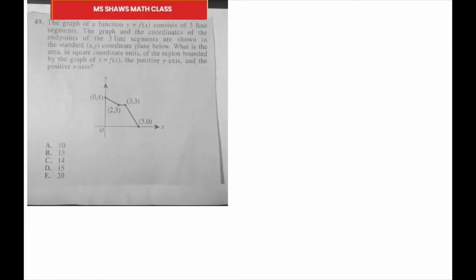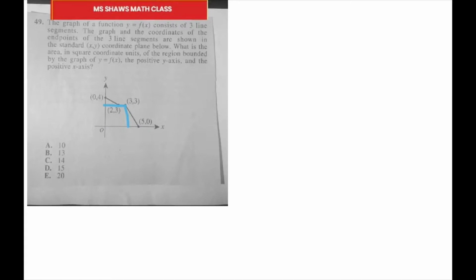Okay. Now this one, let's see what we're trying to find, the area of this region. So what I did is I broke it down into triangles. So I broke this into a triangle here and this.